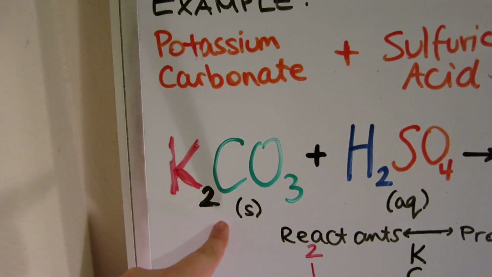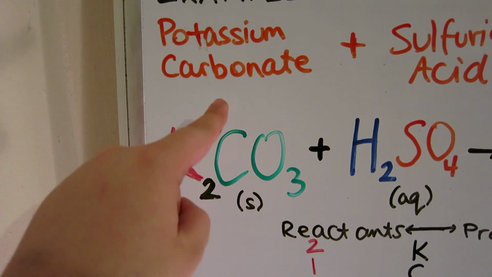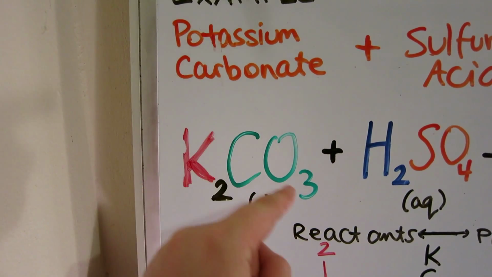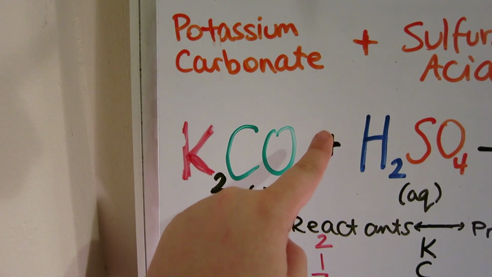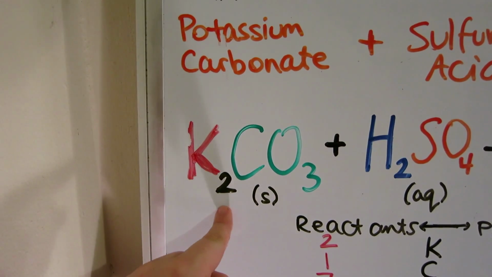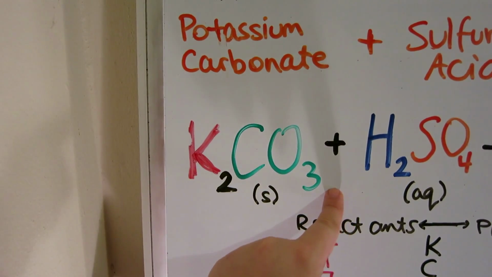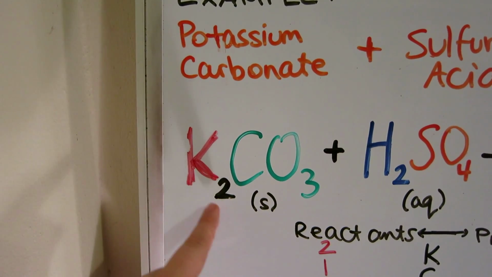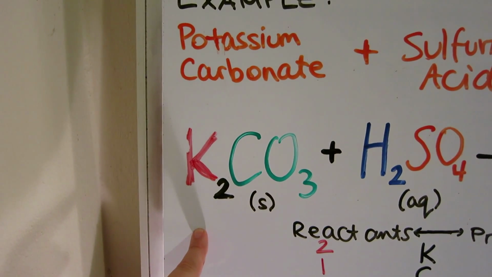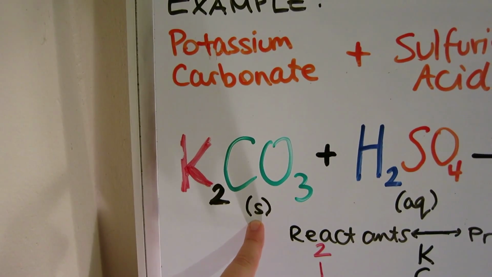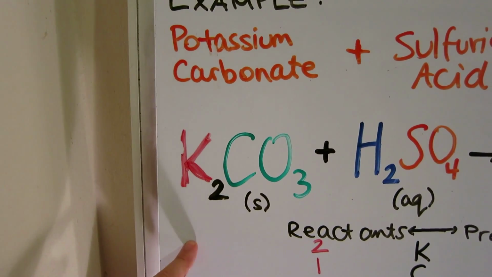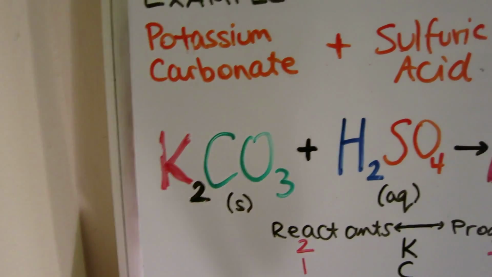So we have to make sure that it's balanced. If we have 1 charge here and we have 2 charge here, we swap it and drop it. If we go crossways, 2 comes over here and your 1 goes over here. We don't need to write the imaginary 1, but we do need to write the 2. So we have 2 potassiums now with 1 carbonate. So 2 positives, 2 negatives, we have our 0. Done.